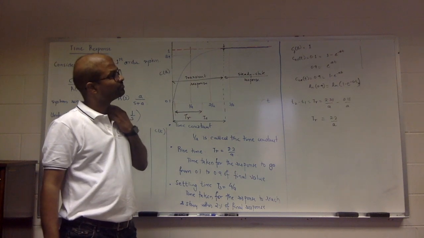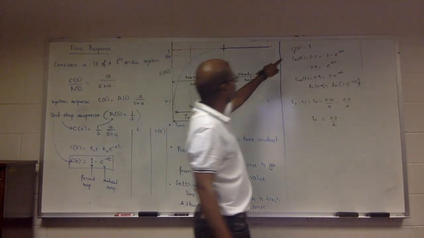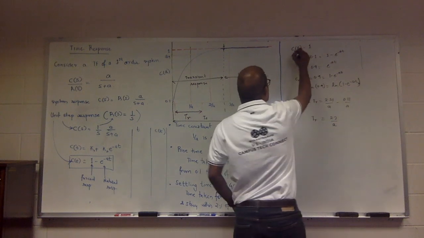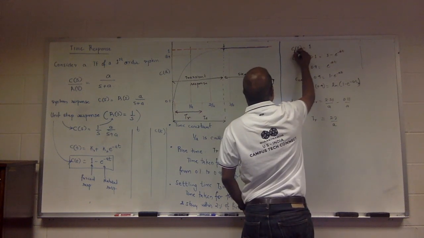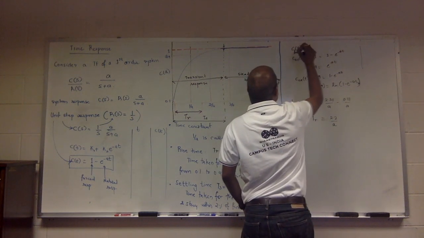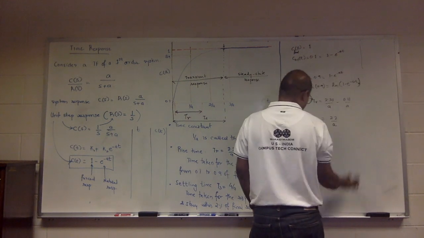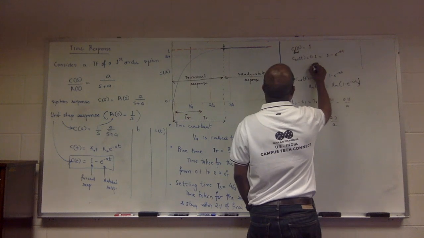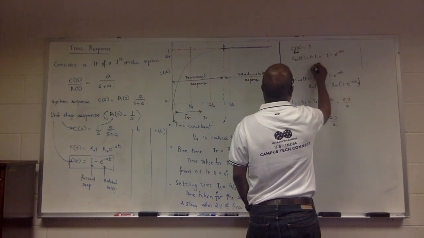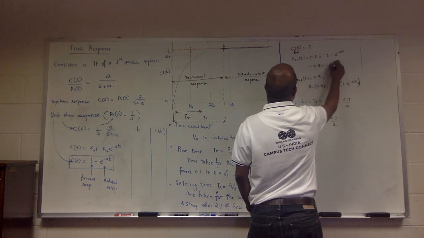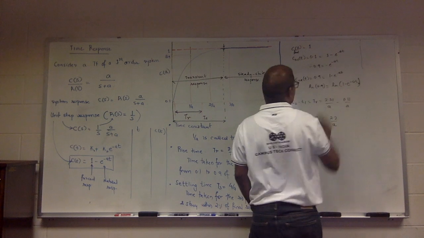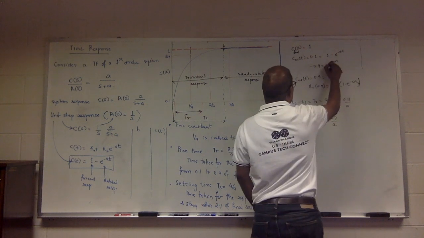This one? Yeah. This is final. Oh, it's an f. Okay, you're right. Sorry. So if I bring this here, it will be minus 0.9 equal to minus e to the power of minus at.